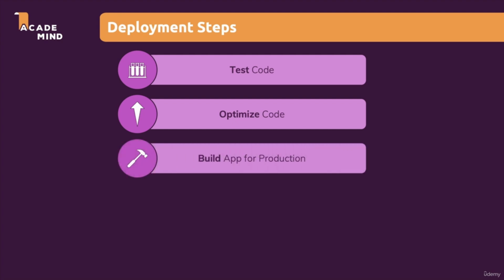Now, once you're happy with your code, it's optimized and it's working, then it's time to build your app for production. And with build, I don't mean that you need to write more code, but instead we will execute a script which was written for us already, which is part of this React project we worked with throughout this course.